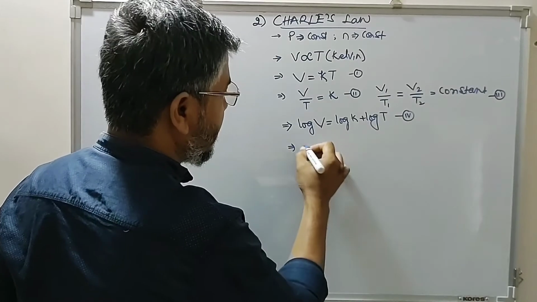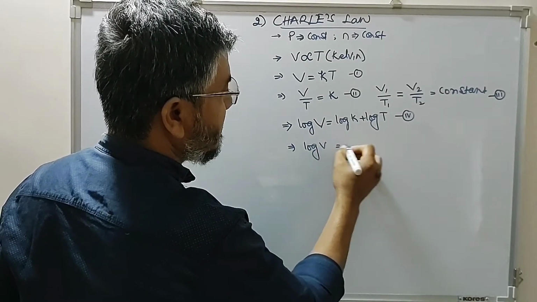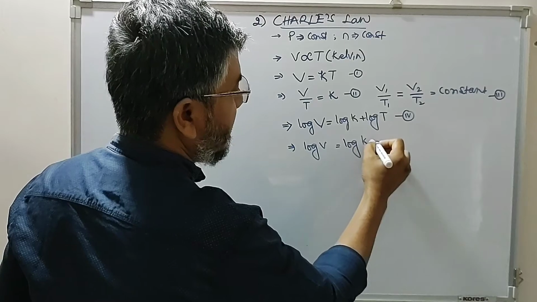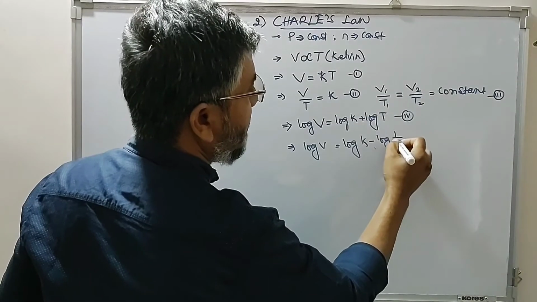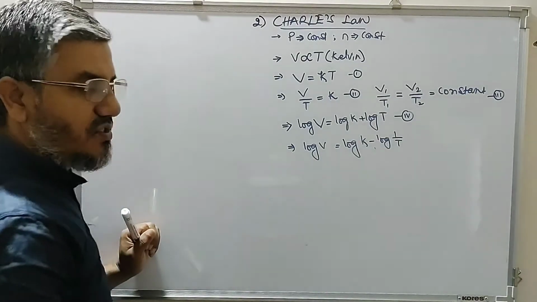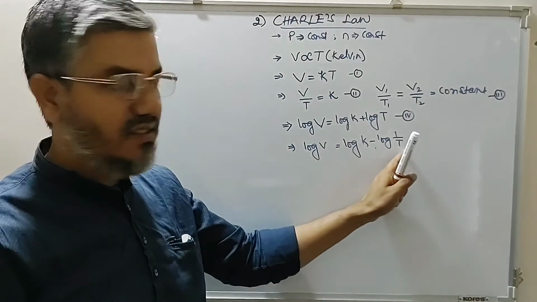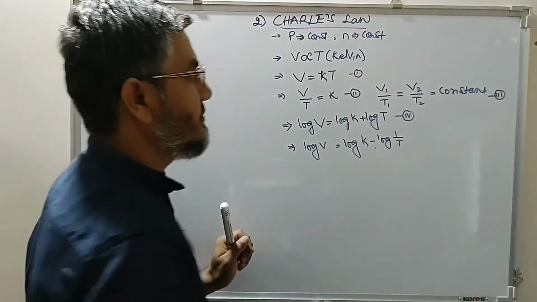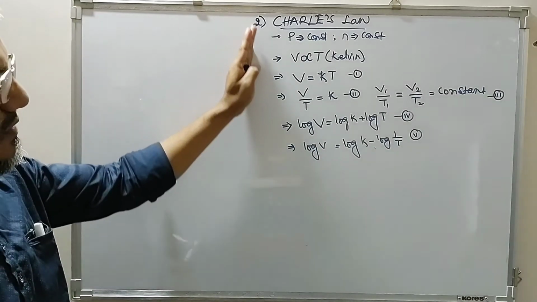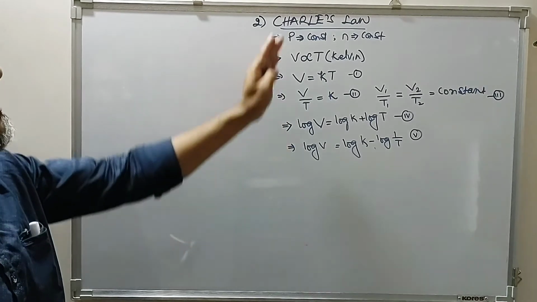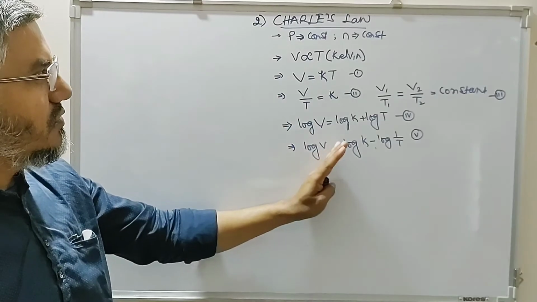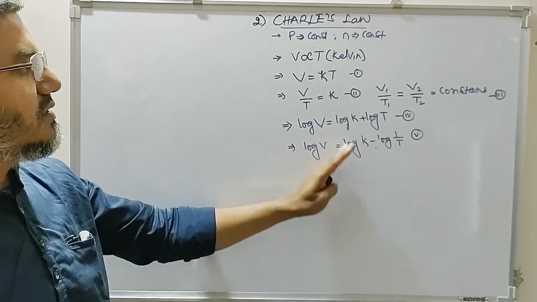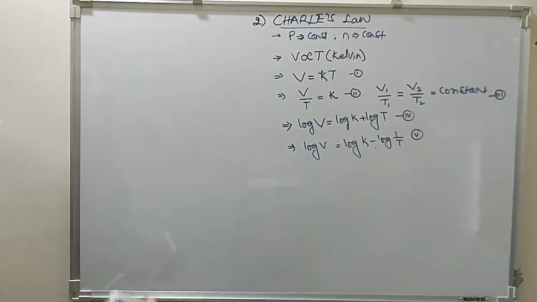The same can also be expressed as the logarithm of V equals the logarithm of K minus the logarithm of 1 by T. Log 1 is 0, so log of 1 by T means minus log T, and minus minus comes out positive. So these are different forms which represent the same law, that is Charles' law. Now we have to explain this in terms of a graph, so the graphical representation.